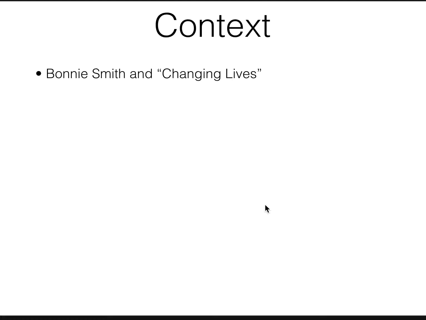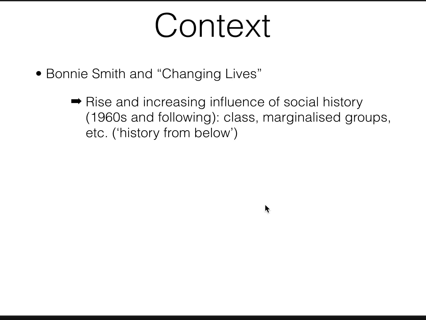But also if we think more specifically about the book Changing Lives and Bonnie Smith's work in general, there's a few more specific things we could say. One is that they are good evidence of part of the context of the rise and increasing influence of social history. So from the 1960s, particularly, maybe even before that, but certainly the 1960s represented a change in how many historians began to work.